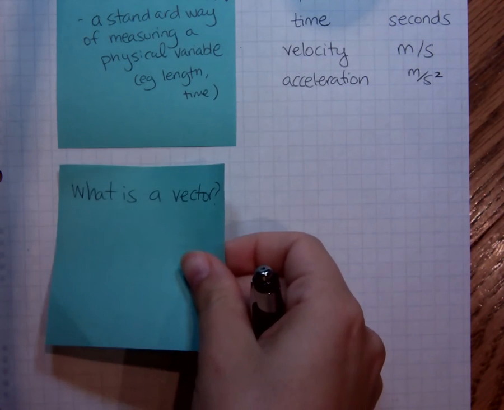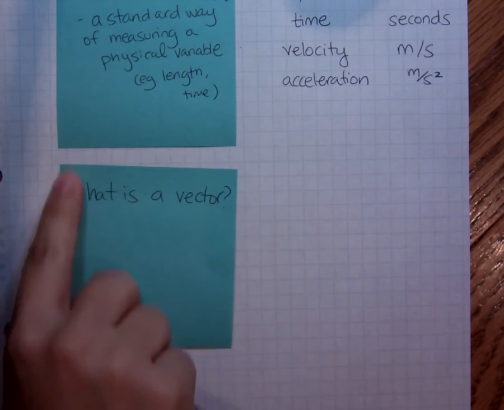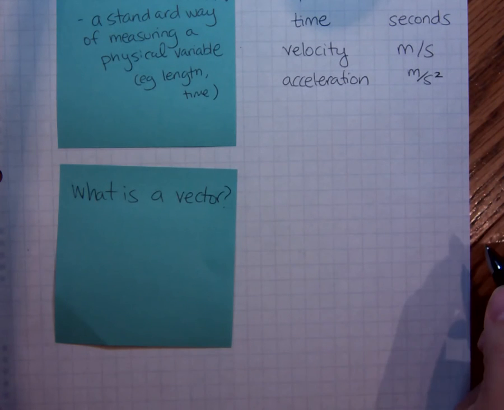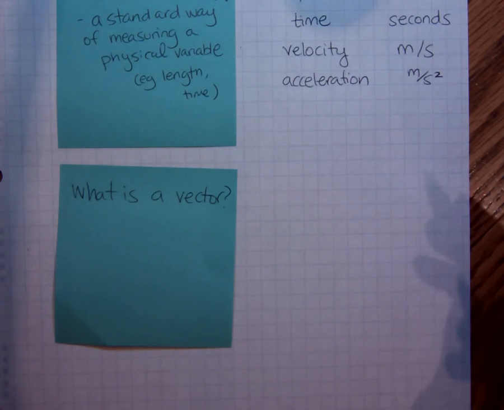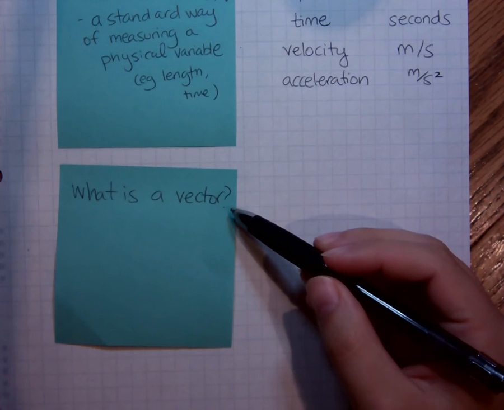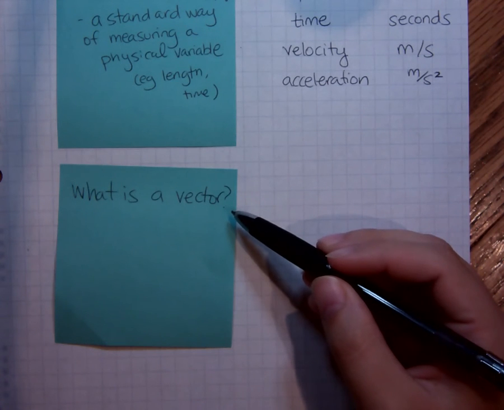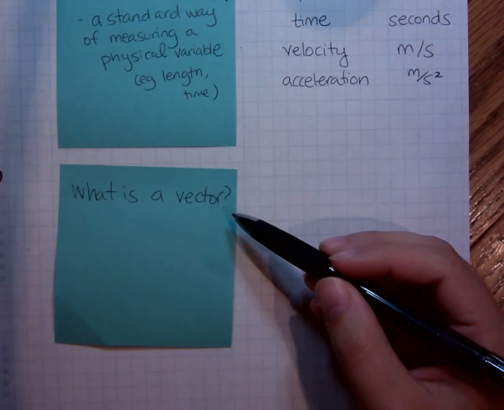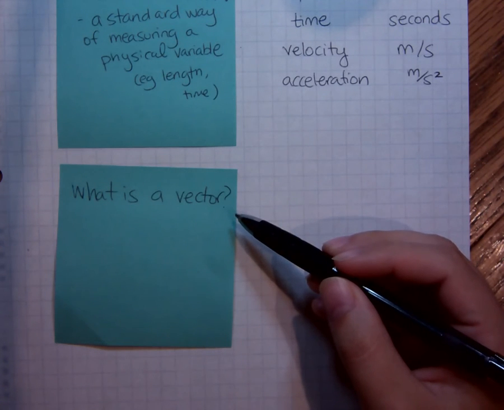Okay, this one I think everybody maybe had trouble with. What is a vector? We've never seen these before this class, or you guys have probably never seen these before this class. But a vector is like a number. In fact, it has a number component.